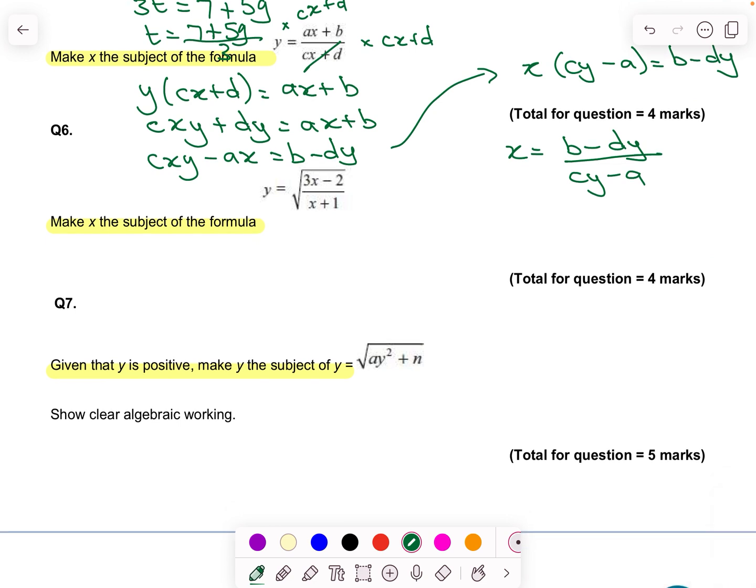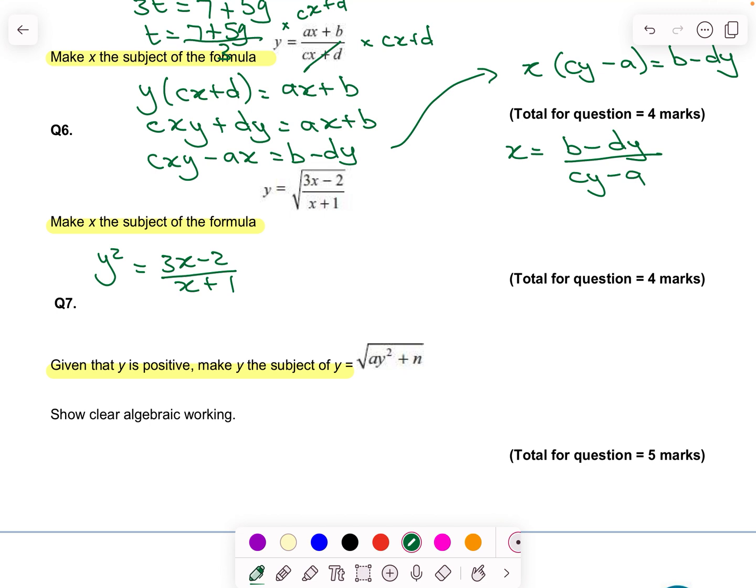Again, we want to make x the subject. Let's deal with the square root first by squaring. So I've got y squared equals (3x minus 2) over (x plus 1). So all I've done is get rid of the square root by squaring both sides. And then I'm going to do what I did in the previous question.